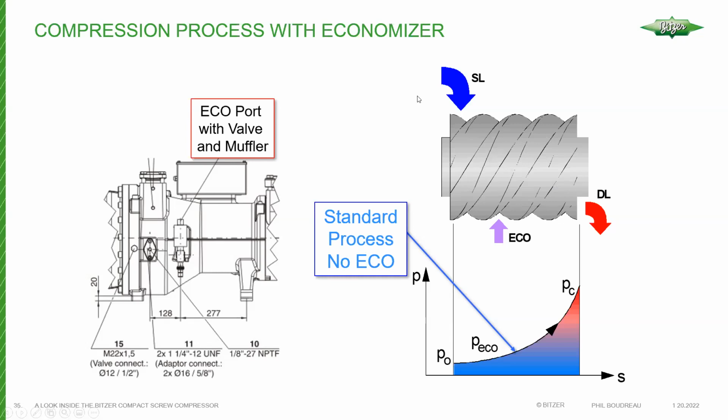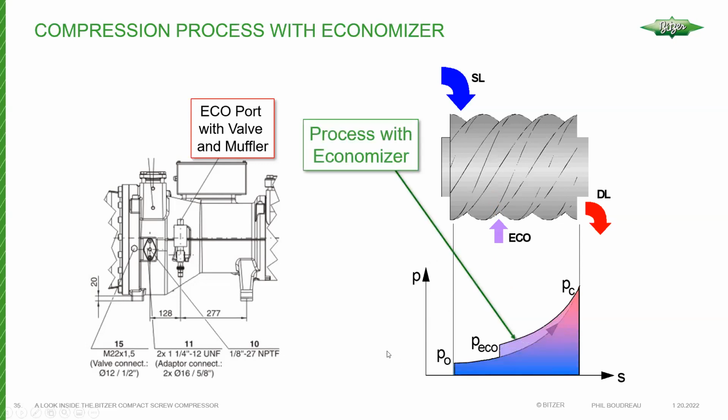We start at one end of the rotor, suction gas goes in, we compress, and it leaves the opposite end here. When we economize, as I said before, we inject refrigerant from the heat exchanger, an economizing type heat exchanger, into this point right here. Okay, and you can see where that process begins here. Obviously, that will be at a higher pressure.